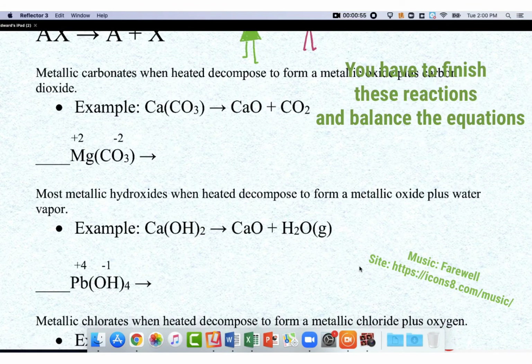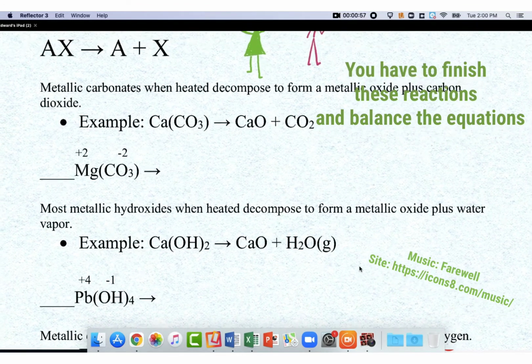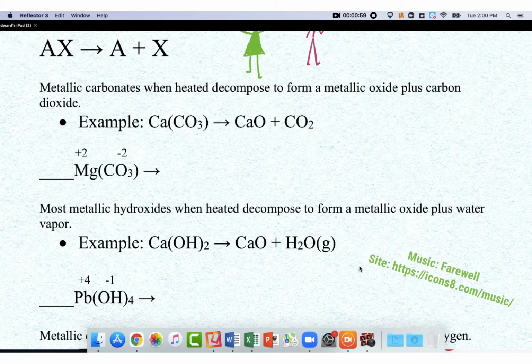So if it's a carbonate, and this first example is calcium carbonate, when it decomposes, it forms a compound with the cation and an oxygen.